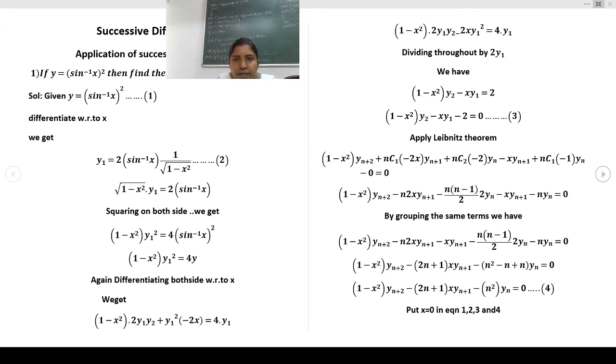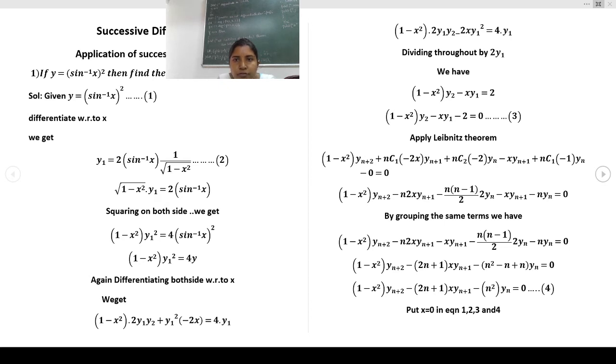We have, look here, minus (2n + 1) into x into y_{n+1}, minus, for the nth term, I write minus n(n - 1)/2. The 2 gets cancelled. We have y_n only, minus n into y_n is equal to 0.